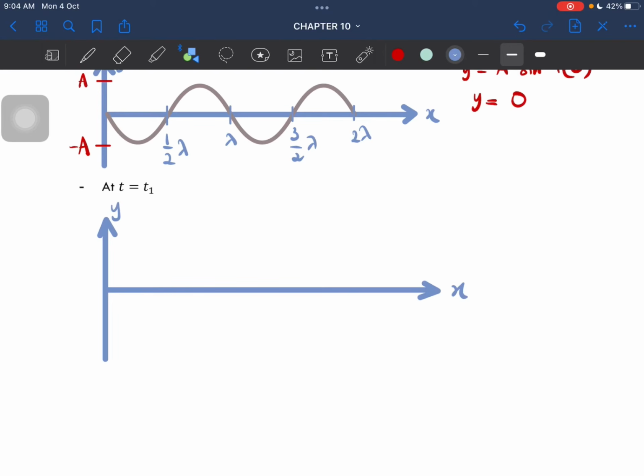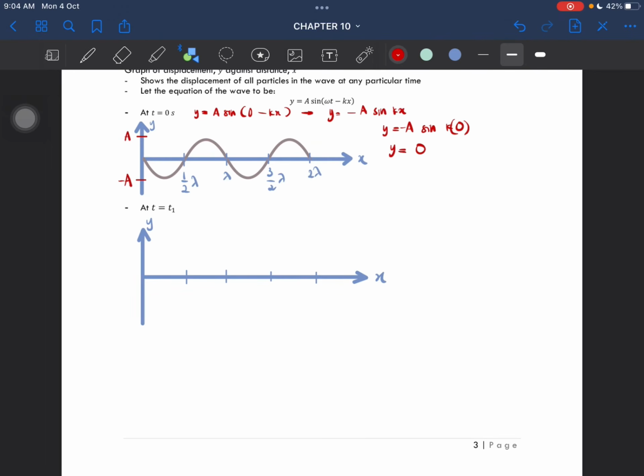So it's going to be here, here, here, here. Alright, then now it is equal to t1. Okay, so y is equal to a sine omega t1 minus kx. Leave out the x first. Okay, so now it has a value.